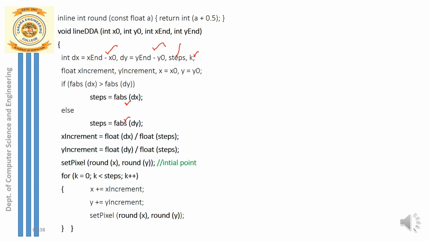Then there is the formula you use for incrementing. Round off is a function that you're using for x and y. The rest is left to you, you can go through it. Different cases you have to check out: slope greater than 1 and slope less than 1.